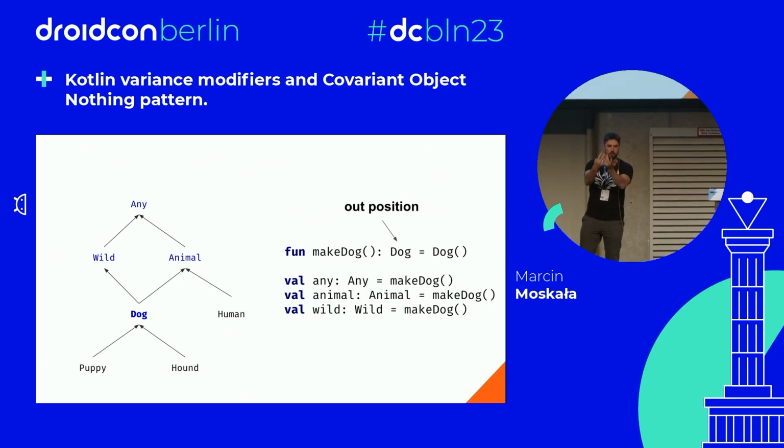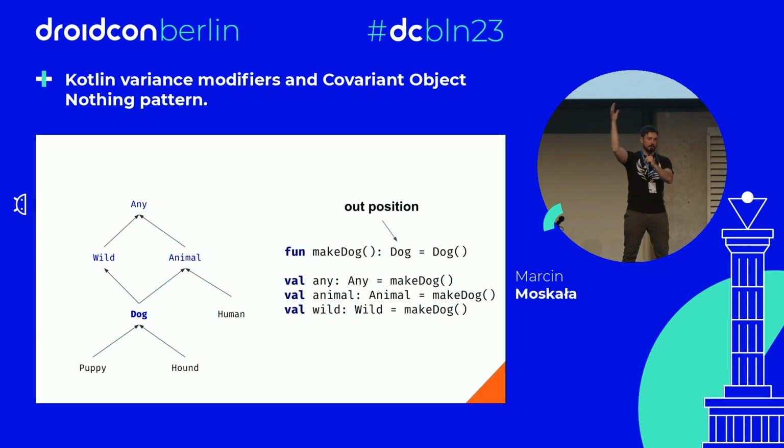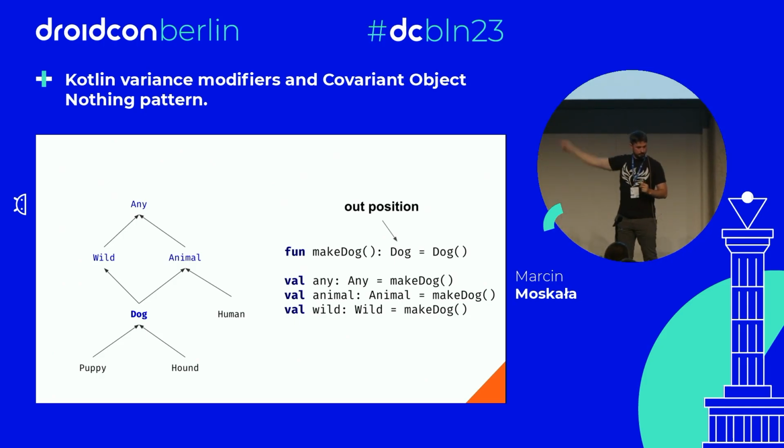And notice that we are also dealing with upcasting, but since we are on the other side of the function, when you have a dog returned, we can upcast it to everything that is above it: wild, animal, any. So even though it's still upcasting, we can upcast it to everything above.